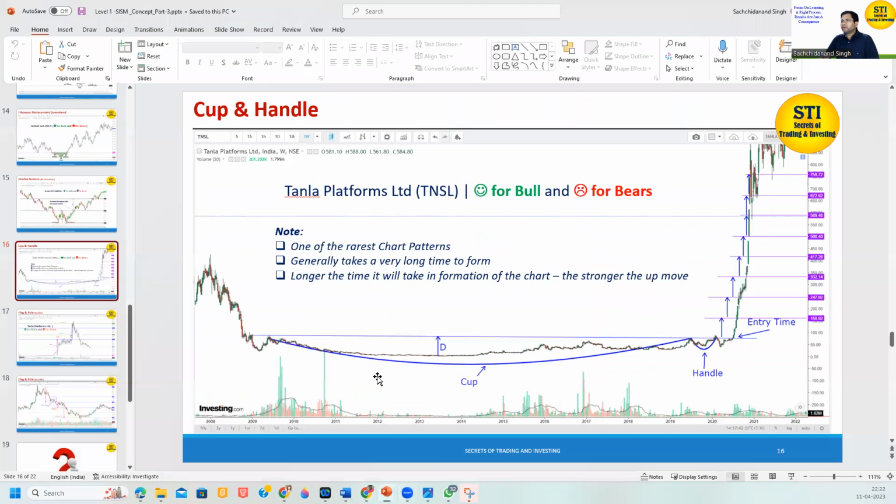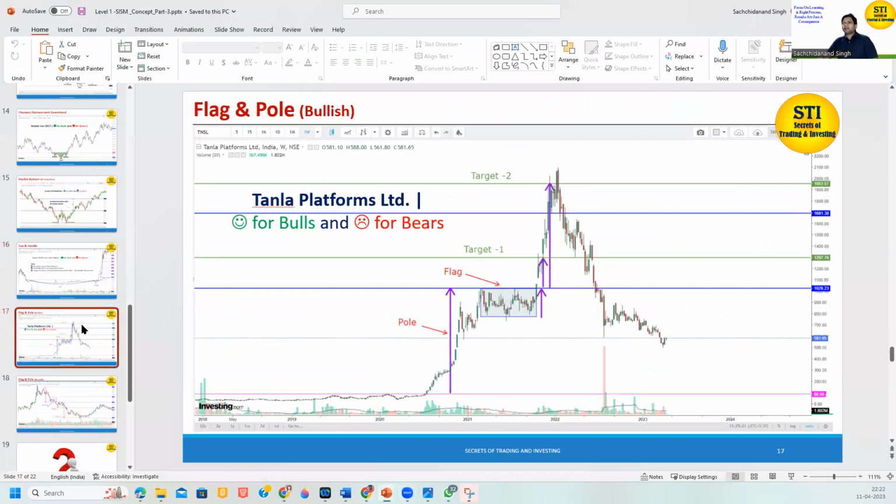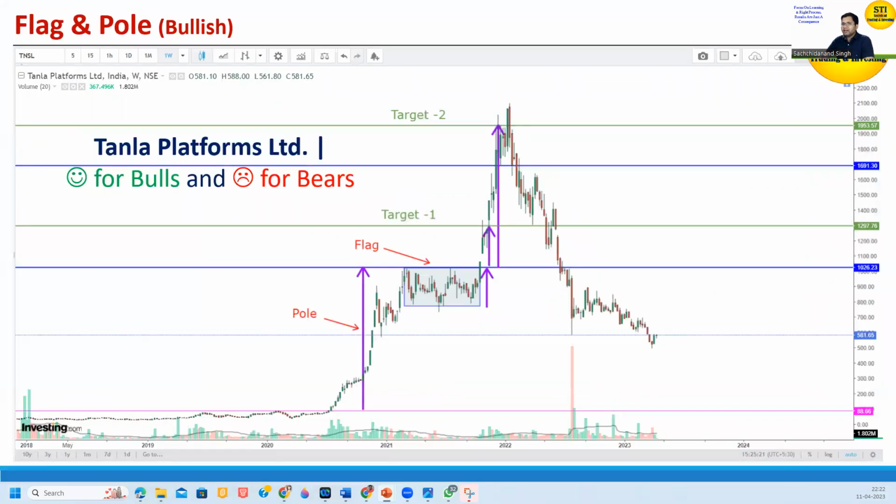Okay, so the last concept of the day is called flag and pole. As the name suggests, let's see how to identify this in the chart. The first example will be from a bullish market, where the price is going up.